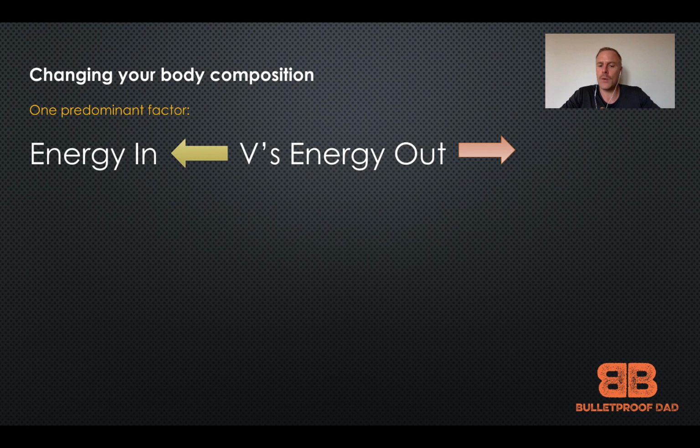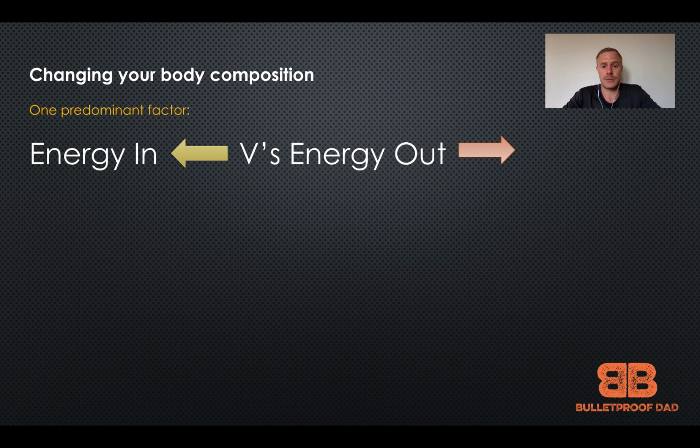We can't get away from this. We can look at hormones, energy, illness and everything else as well. However, the one predominant truth that exists above all others is the amount of energy we take in versus the amount of energy we expend. That is going to change your body composition.